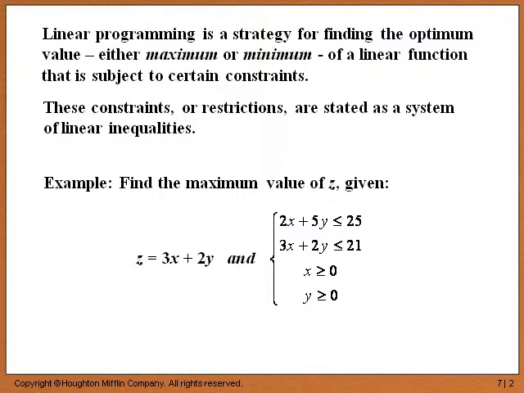They could also be constraints of time, how much time you can spend, or constraints of materials. So there are different constraints to which profits or cost can be subjected to. And we always want to maximize our profits and minimize our costs.